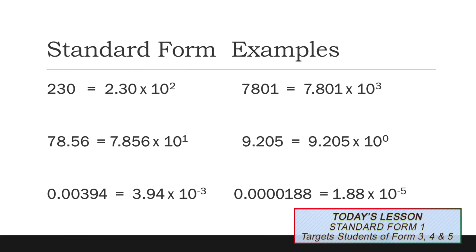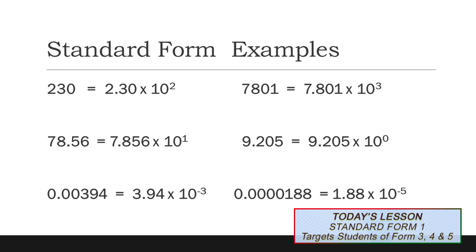And if you look at your screen again, you will see in all the answers, the first number in all of the answers is greater than 1, but they're all less than 10. So that's the pattern we observe.